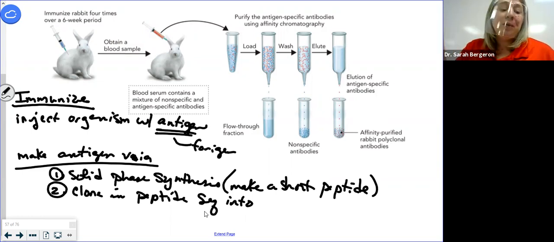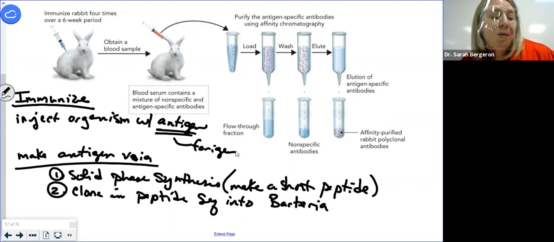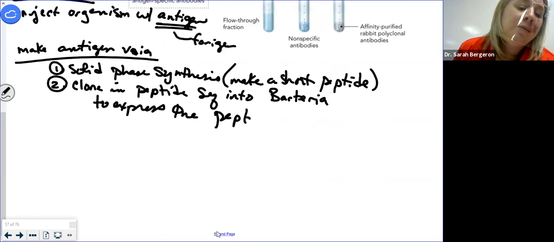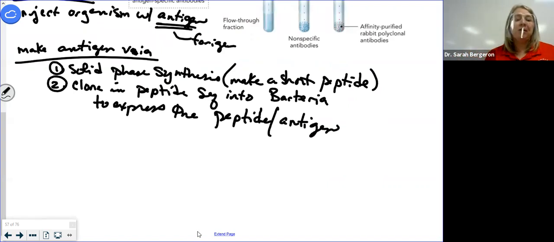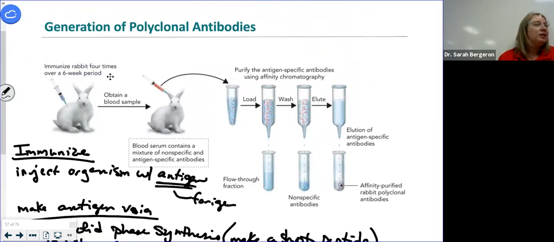So I'm going to clone the peptide sequence into bacteria to express the peptide, which is AKA the antigen. Right? Anywhere where you see peptide in here, really, that's the antigen. Because the antigen is a little protein sequence. And on that little protein sequence, different antibodies can bind. Okay?